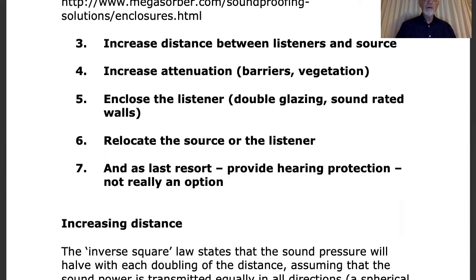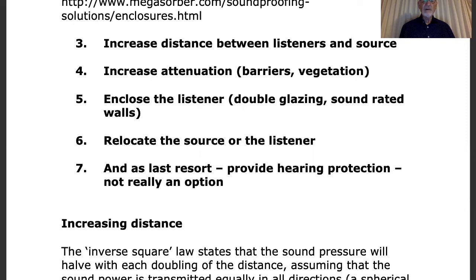This has happened in flight paths below aircraft. Rather than relocate people living in those flight paths, the authority spent money to provide additional enclosure and additional soundproofing in their dwellings, like double glazing and sound-rated walls.